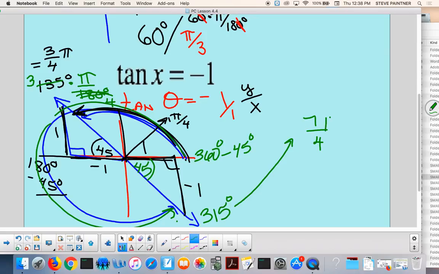Now hang on. I don't want you to have to do all that conversion, so listen to this. This should make sense to you. Ready? I'm counting by 1/4 pi. 1/4, 2/4, 3/4, 4/4, 5/4, 6/4, 7/4 pi.